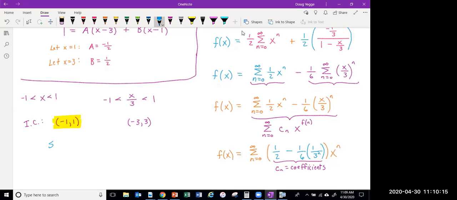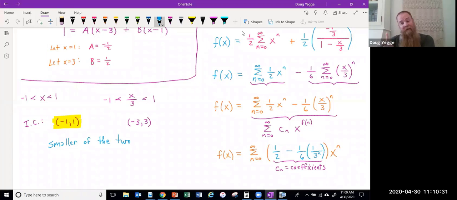Is it also because in our final power series we have x to the n? It's like because we don't have an x over 3 to the n, we don't really have to worry about that other interval? Well, not quite, because if I had x over 3 to the n, then I would see that the interval of convergence is -3 to 3, right? But if I were to distribute this to simplify, wouldn't that 3 to the power of n move into the sequence in the front?